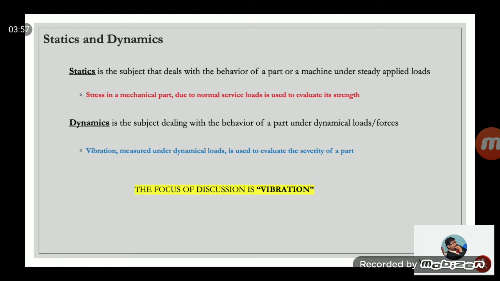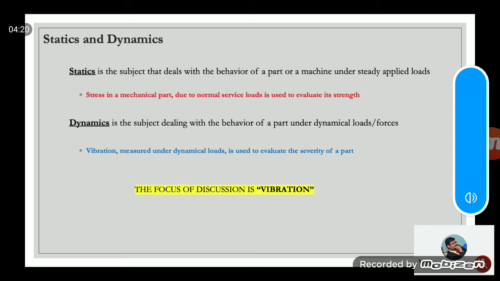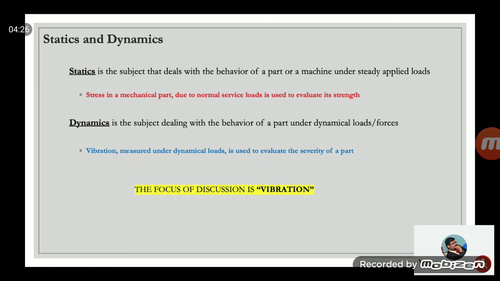And dynamics is a subject that deals with the behavior of parts under dynamical conditions. Dynamical conditions means the load is a fluctuating load. In that case, the part will also fluctuate according to the forcing function. That's basically vibration. So dynamics is part of vibration. Vibration measured under dynamical loads is used to evaluate the severity for the part.